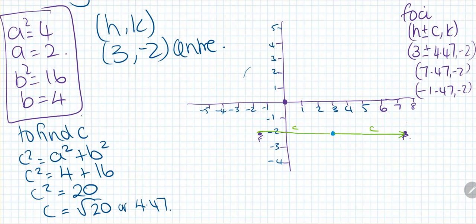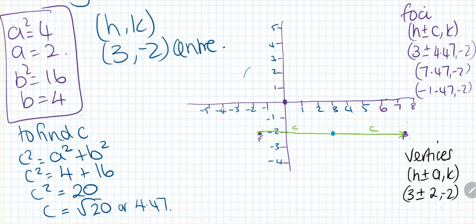Now we need to work out the coordinates of the vertices. To do that, we use H plus or minus A, comma K. H is 3, our A value is 2, so it's plus or minus 2, and our K is minus 2.